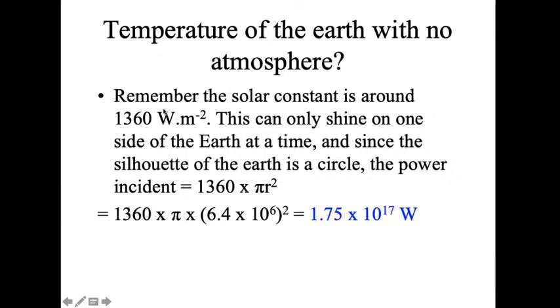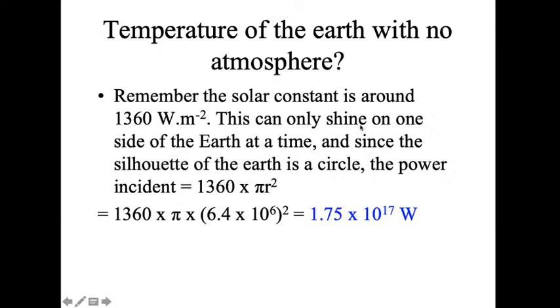If we're trying to find the power that the Earth is receiving, we just want watts. We want to get rid of the meter squared, which is a unit of area. So we're looking for the area that the Earth is actually going to be absorbing this solar radiation from.